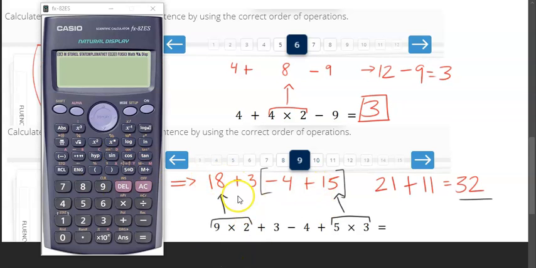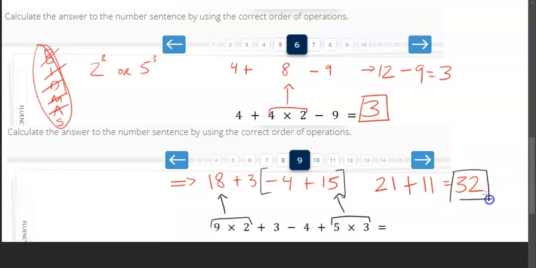So for instance, instead of working out this tricky negative plus positive number, let's just put this in from left to right, knowing that there are no divisions or multiplications. 18 plus 3, take away 4, plus 15, and you'll get 32, which is what we achieved here. This can only be done if there are only negatives and positives left over. If there are multiplications within there, you have to work out those multiplications first, and divisions first as well.